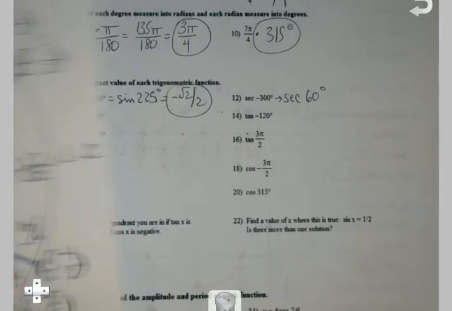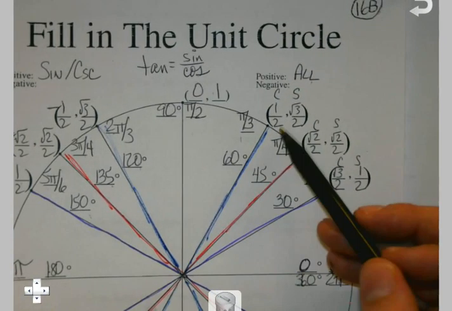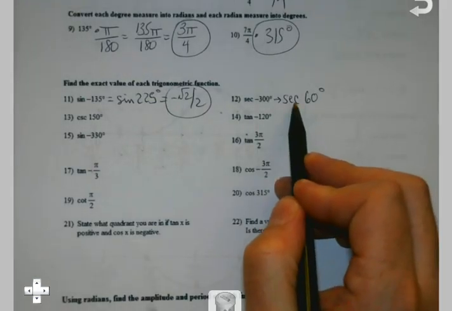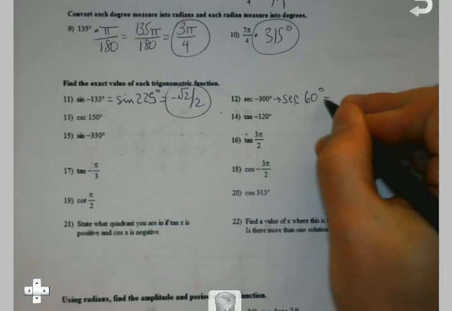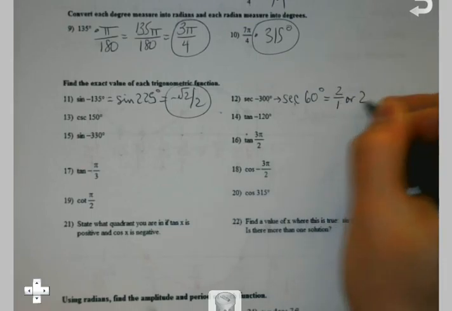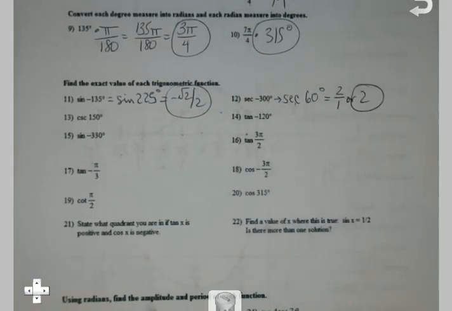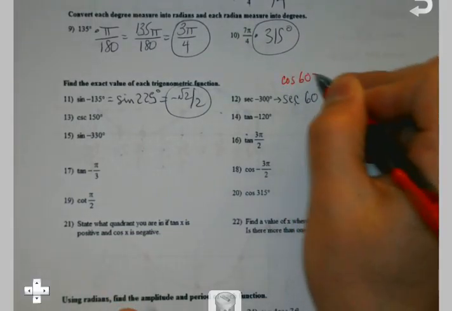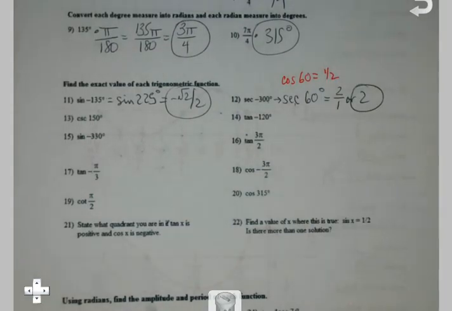So let's find the cosine of 60, which is a half. But what do you do with an inverse? Flip it. Cosine of 60 is a half. Secant, its inverse, I flip the 1/2. I get my 2.